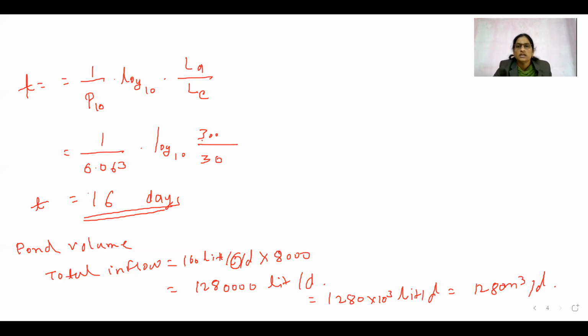I will rewrite it properly because you have to copy it later on. So this is the total inflow, not the pond volume. If we know the total inflow and the pond volume, we can find out the depth. The total inflow is the quantity coming into that particular tank.